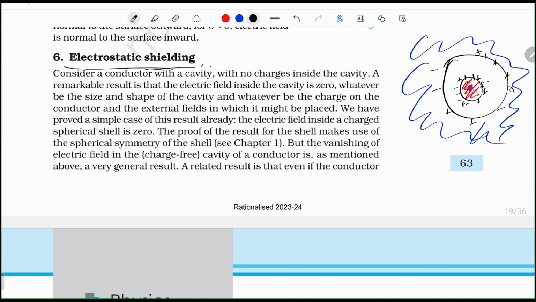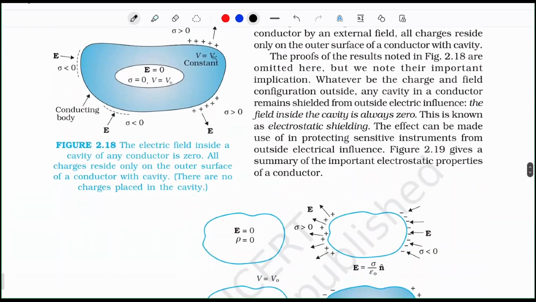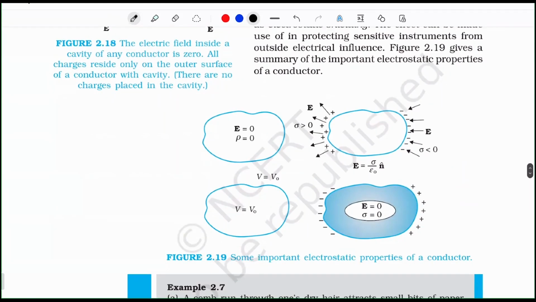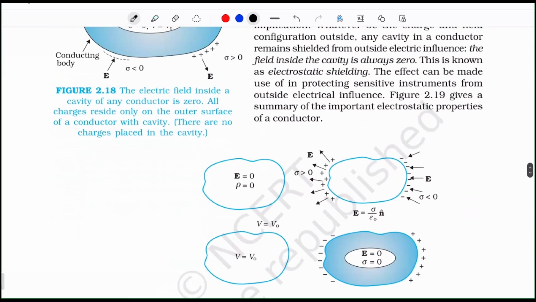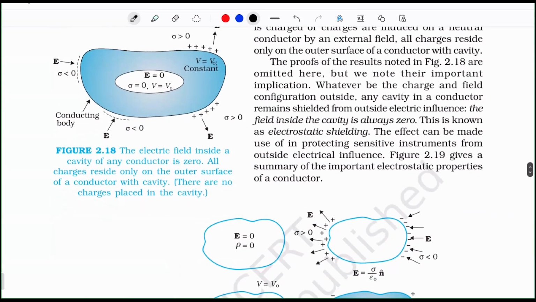And therefore, neither the cavity nor the universe outside influences the other. That is the property. We will not do the proof here, but the point is that the charge distributions on any given surface take care of all the electric fields and basically make the electric field inside the conductor zero, right?